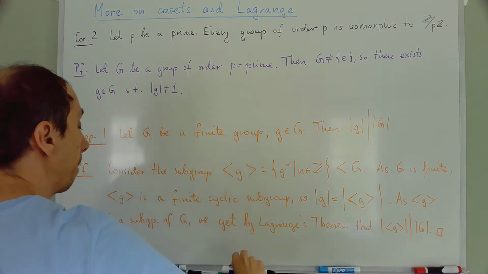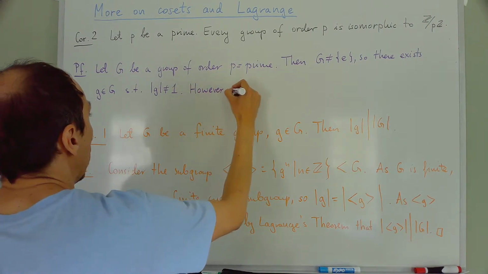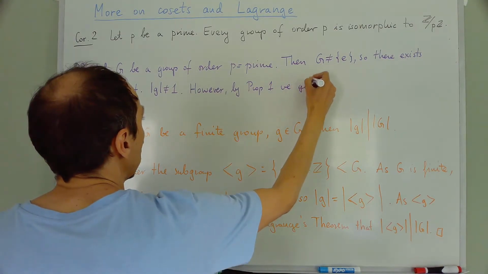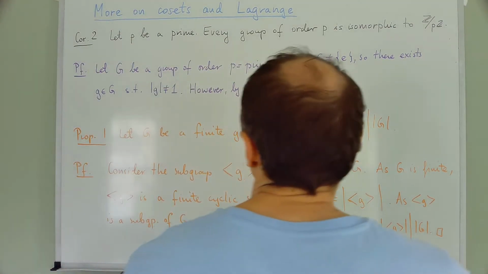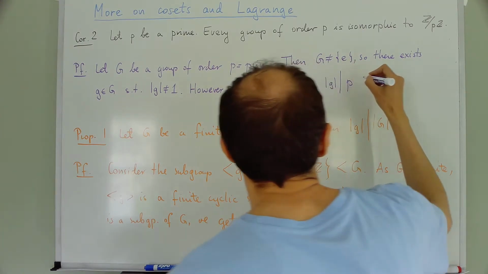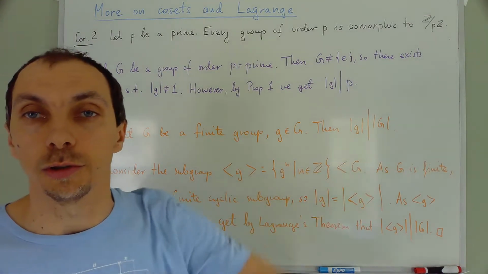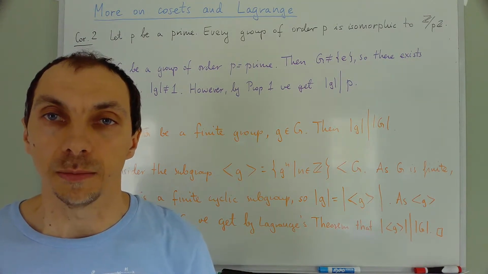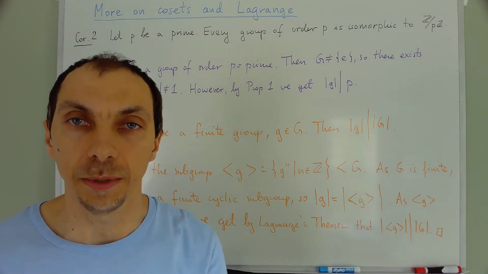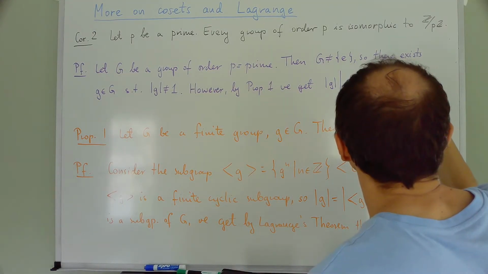However, by proposition 1, we get that the order of g must divide p, because the order of any element must divide the order of the group. But p is prime, so what are the positive integers that divide p? Only 1 and p. So the order of g must be equal to p.